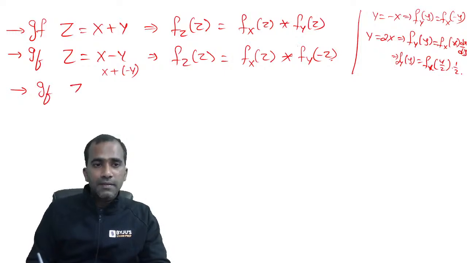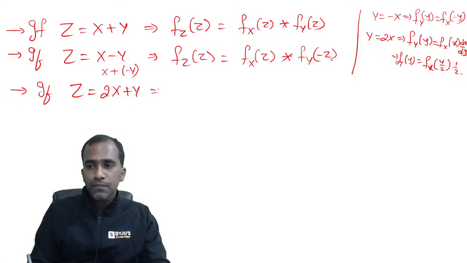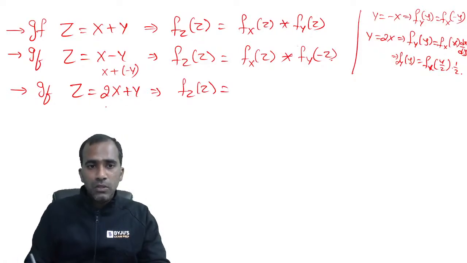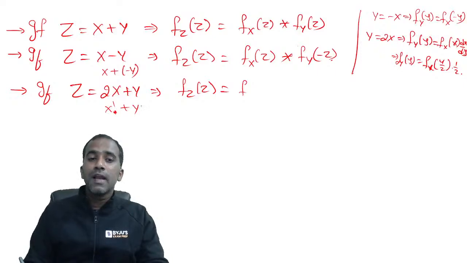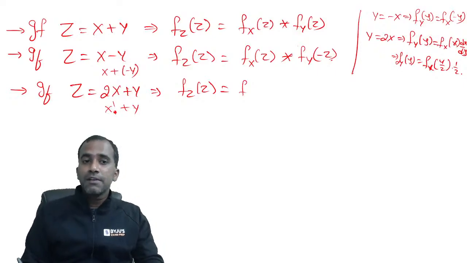Similarly, if z equal to, could you tell me this? 2x plus y, fz of z is equal to, very simple. So look at this as x dash plus y, something like that. So it will be the x dash PDF and the y PDF. So what is the x dash PDF?